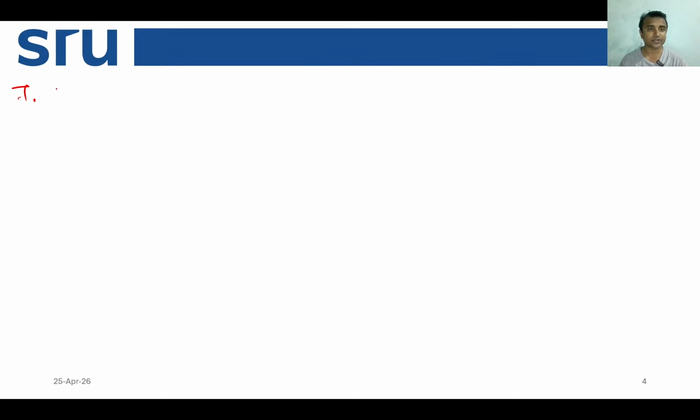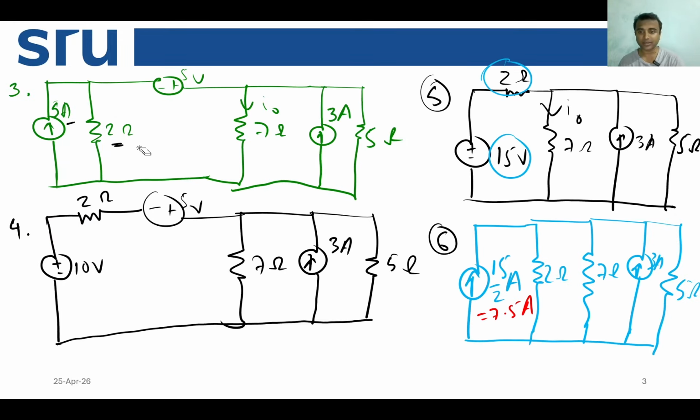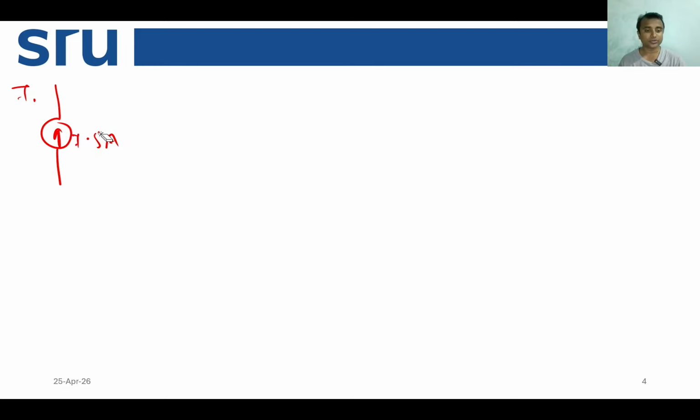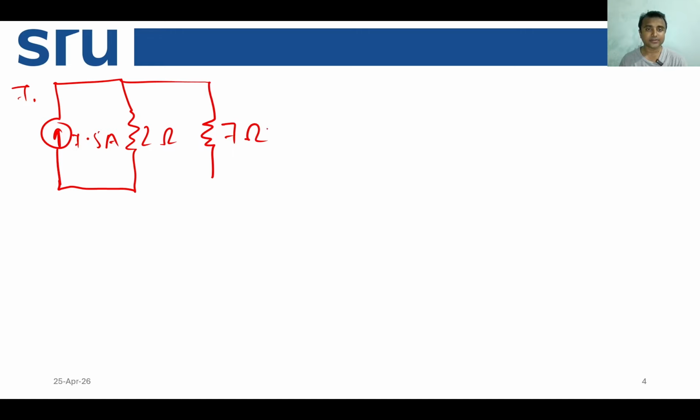So this is your 7.5 ampere, and there will be a parallel resistance of 2 ohm, then the target resistance 7 ohm I0, and then 3 ampere, and then 5.